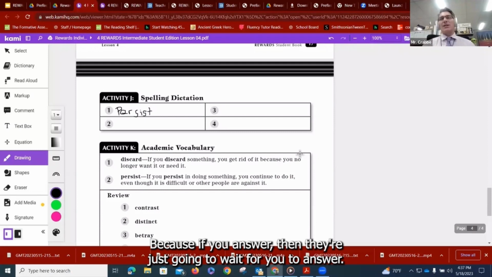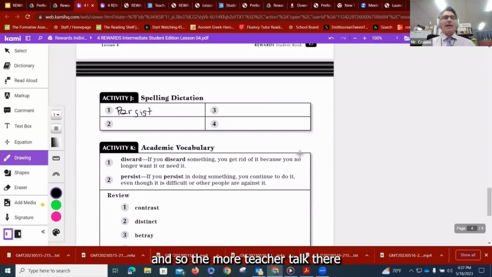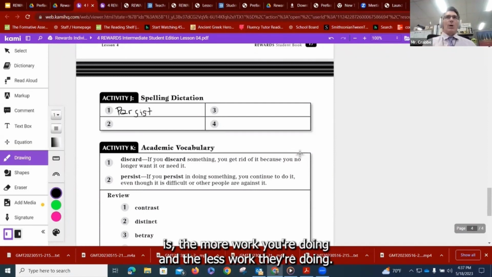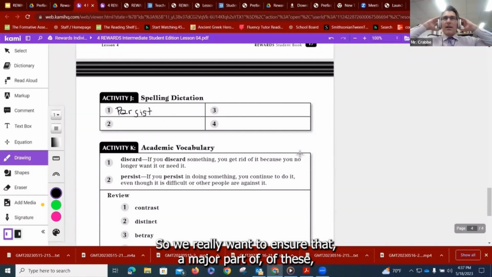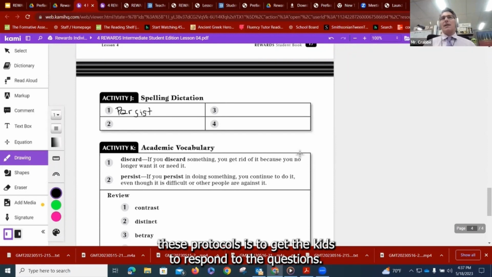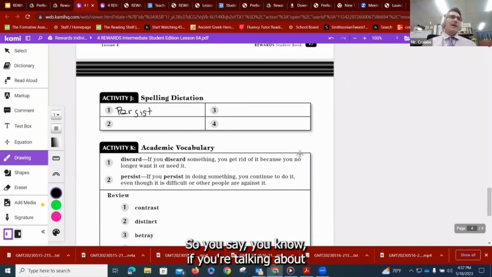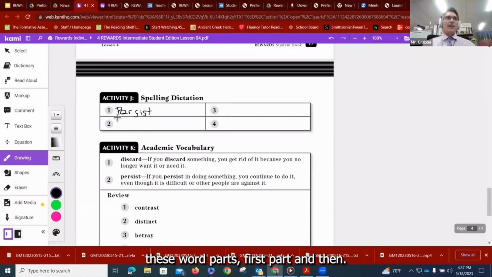Because if you answer, then they're just going to wait for you to answer. The more teacher talk there is, the more work you're doing and the less work they're doing. So we really want to ensure that a major part of these protocols is to get the kids to respond to the questions.